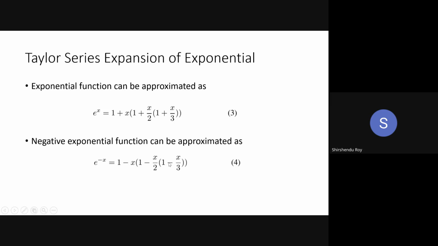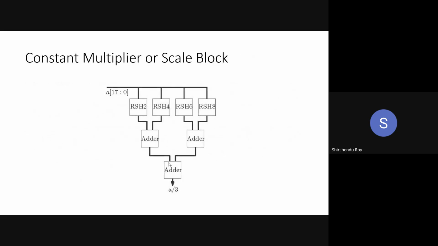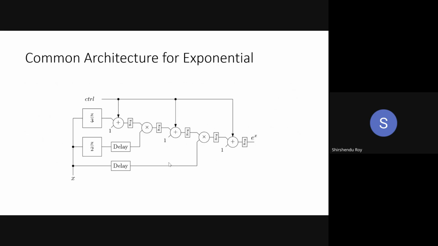We have to subtract. So I have added one control signal called CTRL. This control signal goes to these adders, and whenever it is 1 or 0, it will make the changes in the adder-subtractor, and it will perform subtraction or addition based on the value of the control signal.